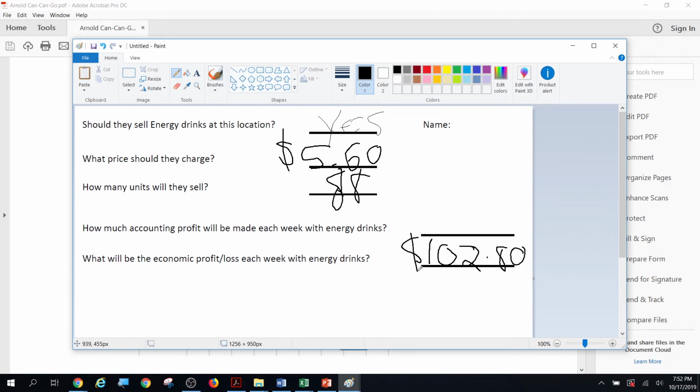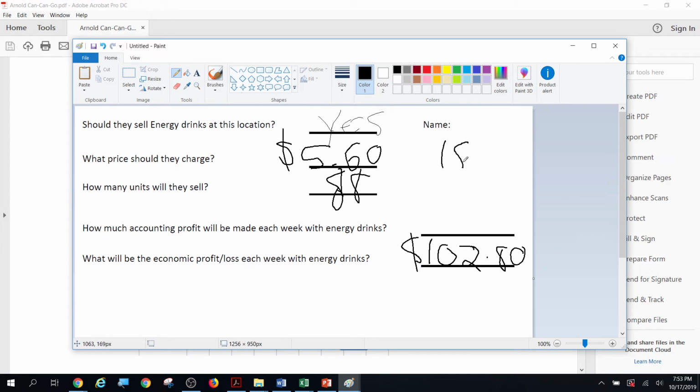But because the accountant wouldn't have considered that candy loss as a cost, it's an implicit cost, they would say that the $180 that we made to cover the candy cost is in fact part of my profit. So it would have been candy profit. This time it's just accounting profit along with the 102.